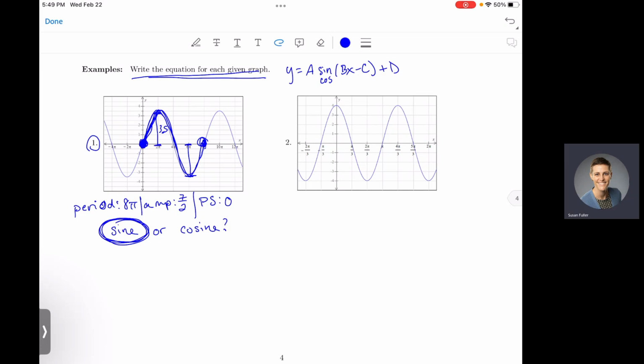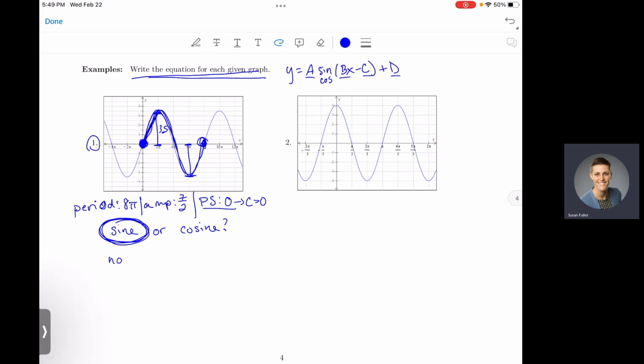Okay, cool. So now let's start trying to figure out what some of our values for A, B, C, and D are. Hopefully you agree there's no phase shift and there's no vertical shifting here either. So the phase shift being 0 says that C is 0.